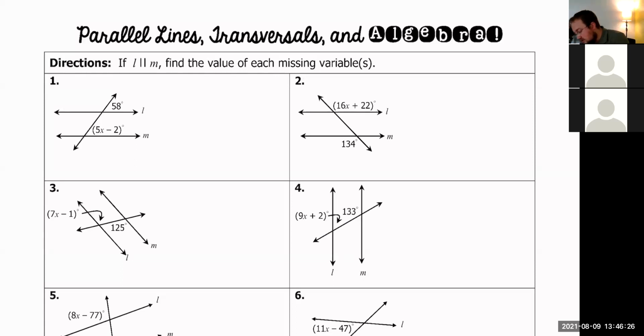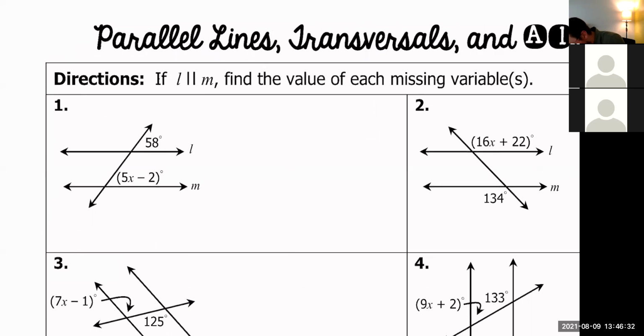So we are given directions here, which is good because in the directions, it gives us this notation. If lines L and M are parallel, find the value of each missing variable. So it textually gave us a statement to tell us that in every one of these examples, L and M can now be assumed to be parallel.